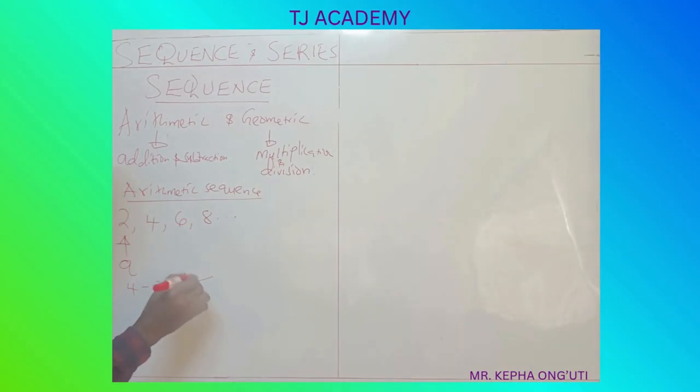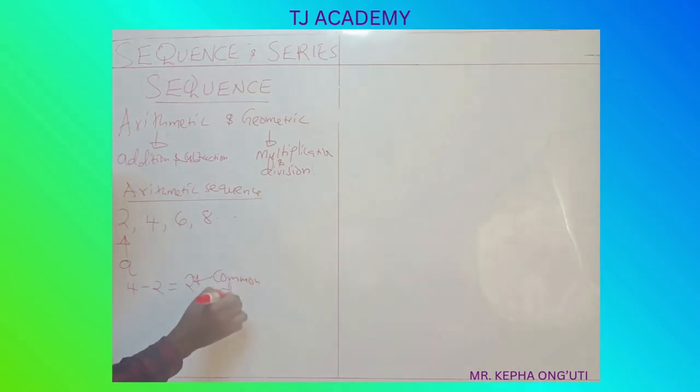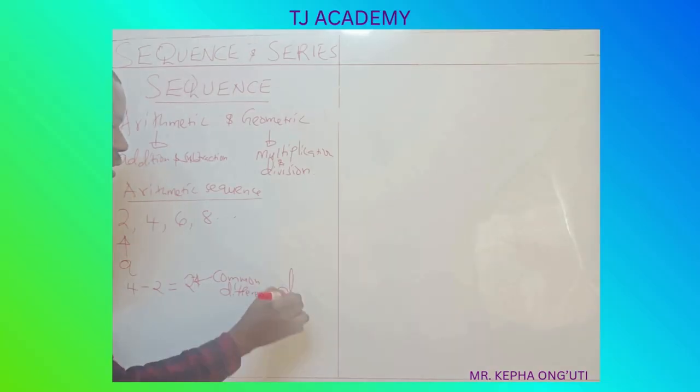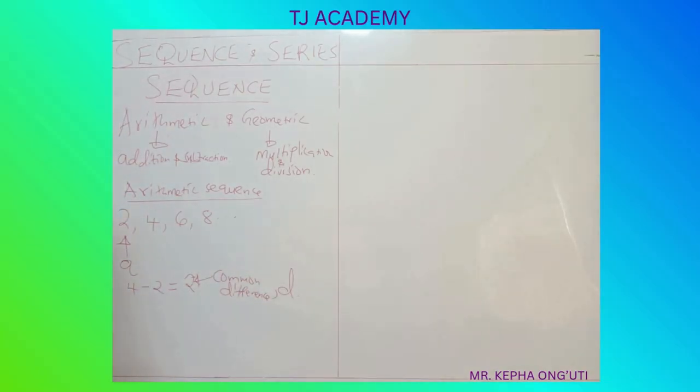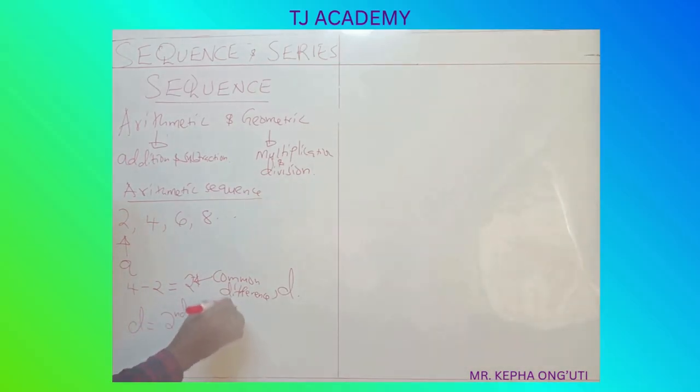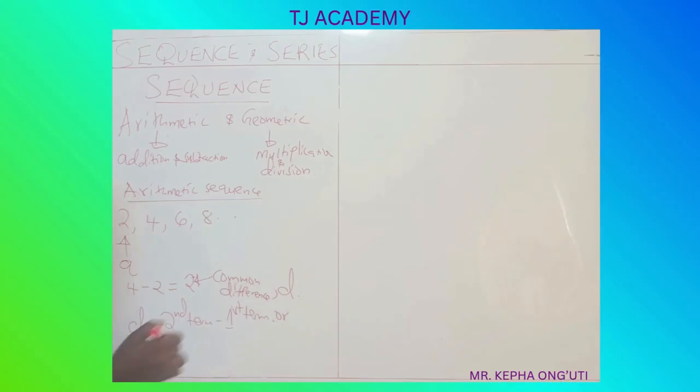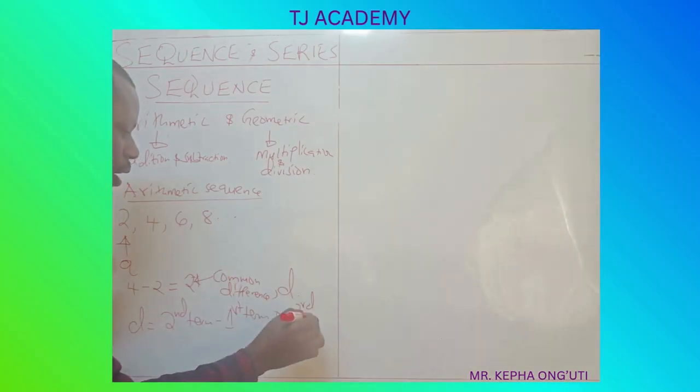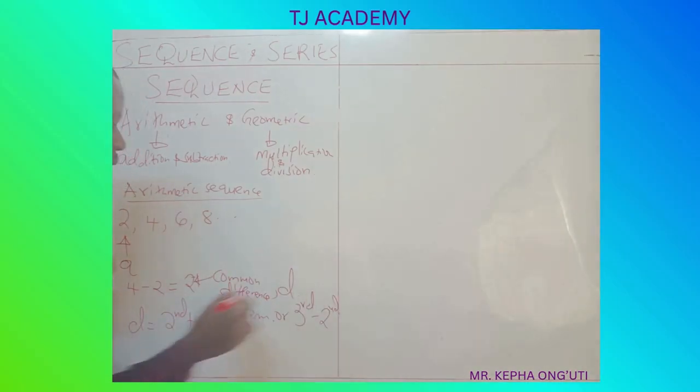This common difference, we use letter D. To find D, you say it is second term minus first term, or third term minus second term. In that order, you find the common difference.